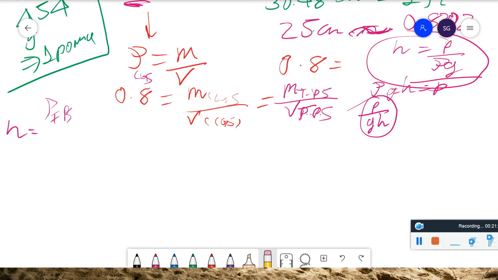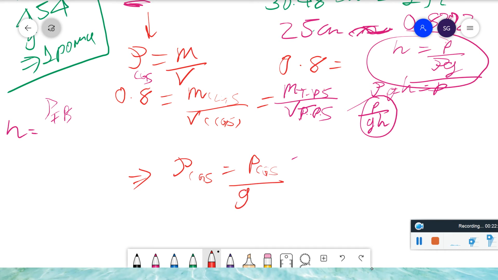Now we know that 25 centimeter, mass upon volume. Okay, no issues. Now what we have to write is rho in CGS, we can write this as P CGS upon G. This rho is P upon GH.